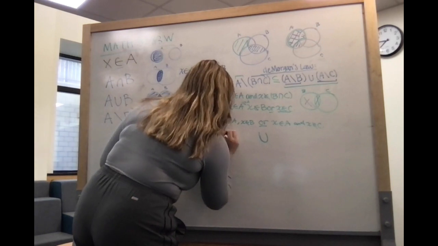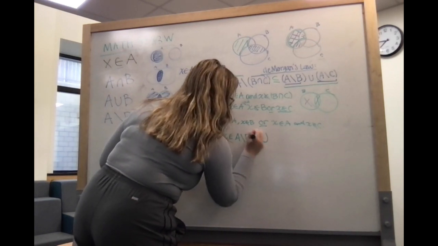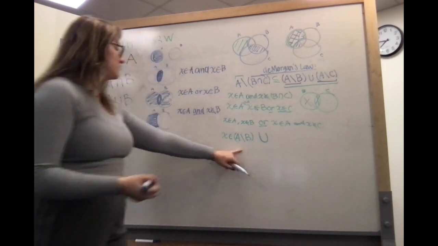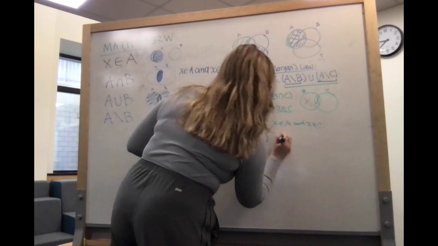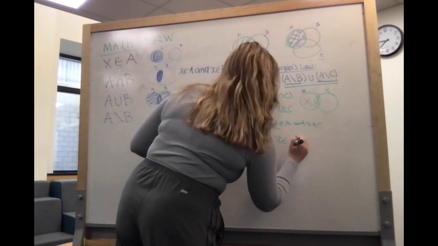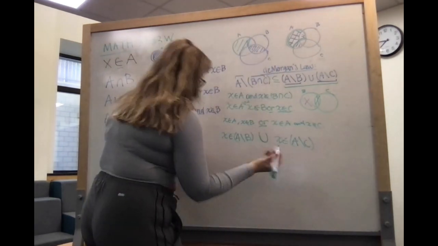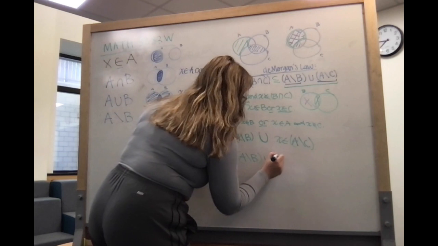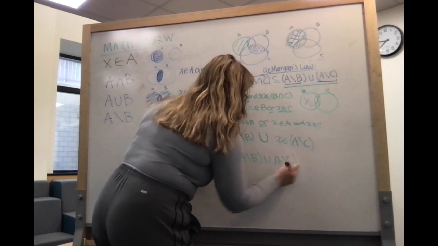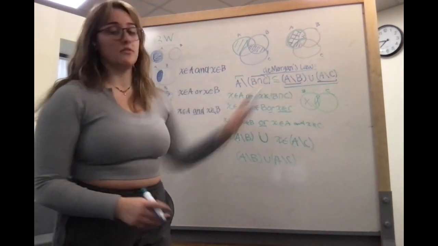So then we have x exists in A minus B, like we said over here, or x exists in A minus C, meaning we have achieved what the right-hand side looks like. Now we know that the left-hand side is a subset of the right.